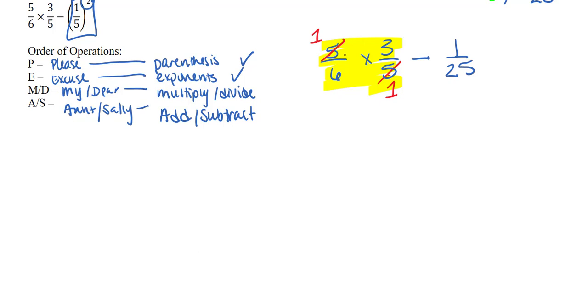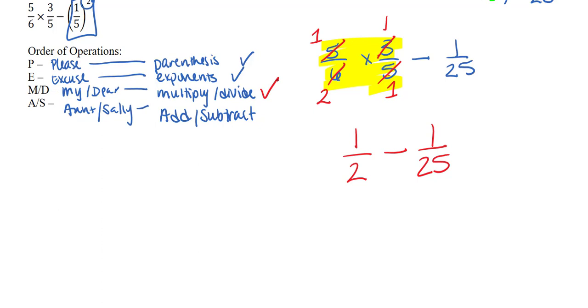Now we have a 3 and a 6. 3 divided by 3 is 1. 6 divided by 3 is 2. So 1 times 1 is 1, 2 times 1 is 2. And then we have minus 1 over 25, because that's what we still have to do.